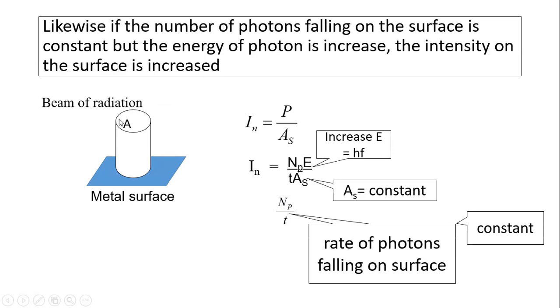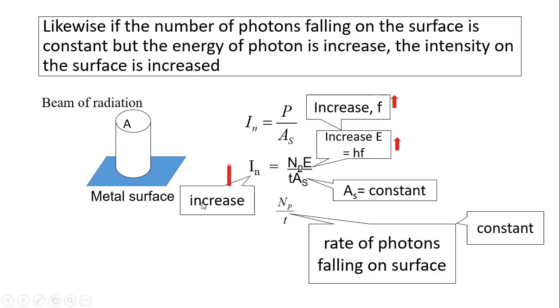Then we increase the energy of the photon by increasing the frequency, so we can see the intensity will increase. So we can increase intensity either by increasing the energy of the photon or by increasing the number of photons falling on the surface.